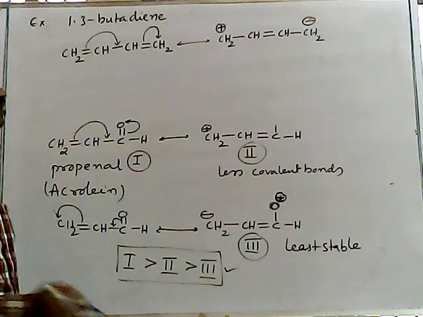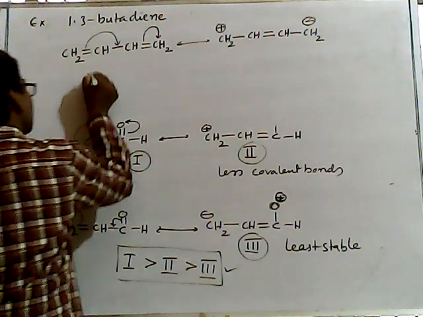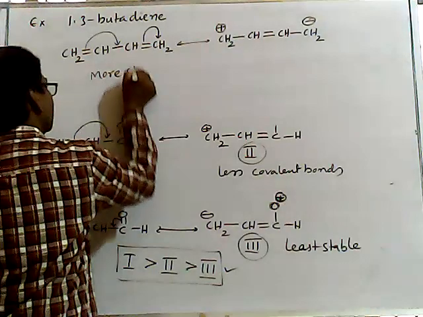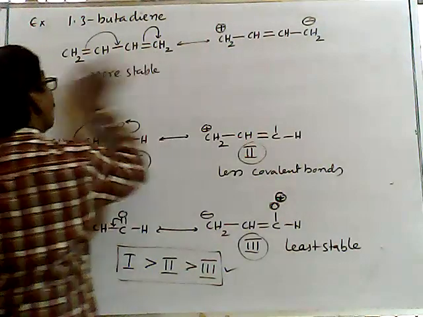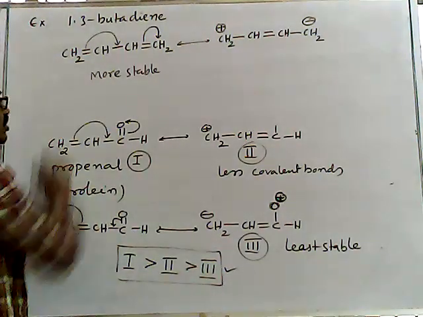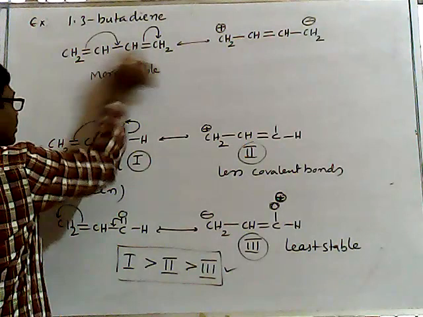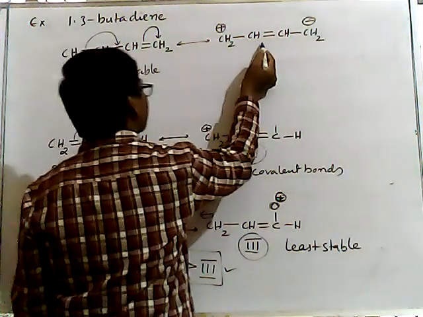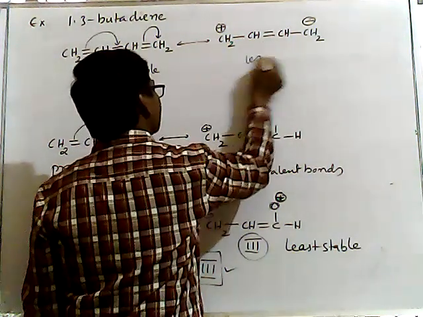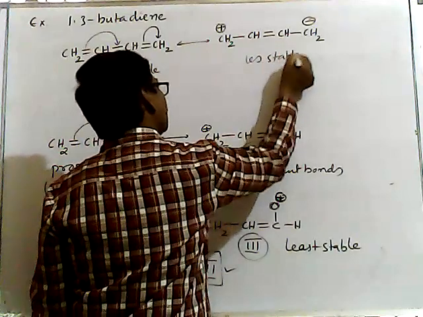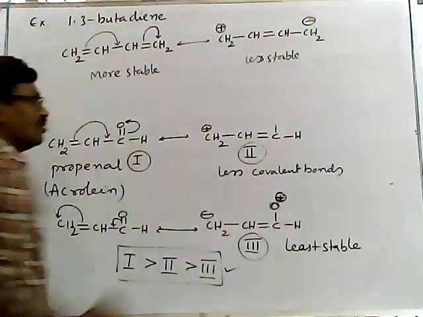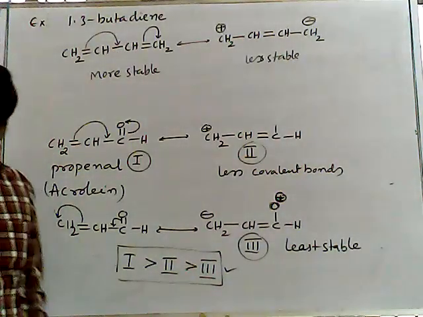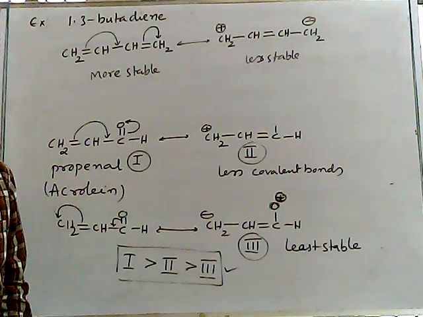So among these two, this is more stable. Why? Because the number of covalent bonds is more. You can count: here 2 pi bonds are present, here only 1 pi bond. So this is the less stable form, and this is the more stable form, due to more number of covalent bonds. You can count afterwards.